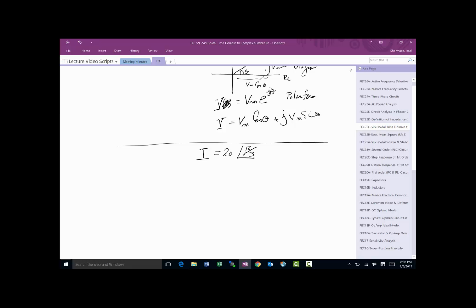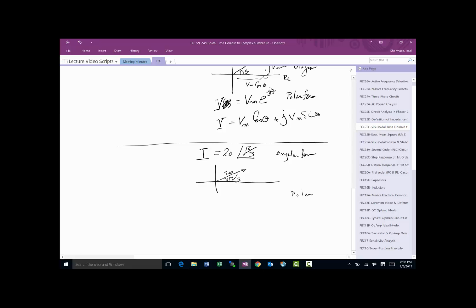And first they might ask you, can you draw the phasor diagram? Sure, the phasor diagram for this is simply going to be 20, and this is going to be pi over 3. So they gave it to us in an angular form. Here is our phasor diagram.